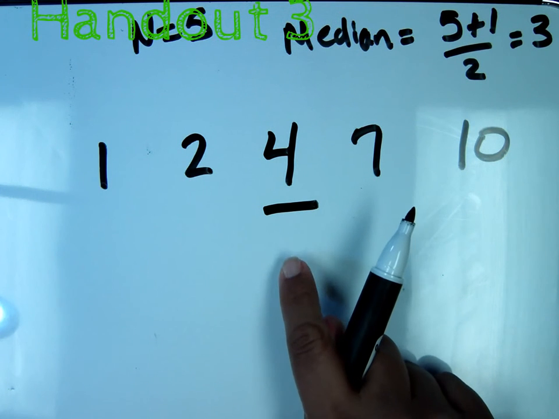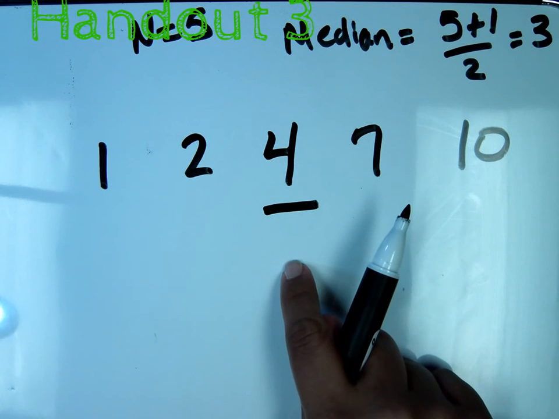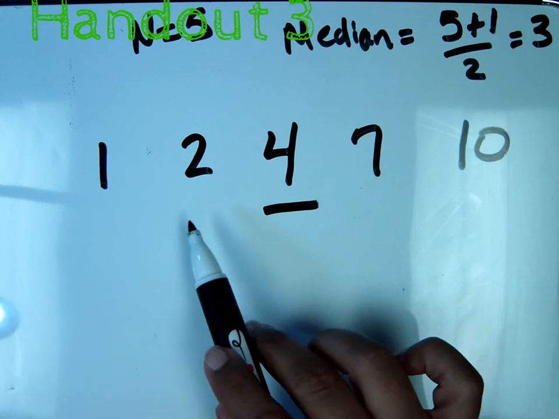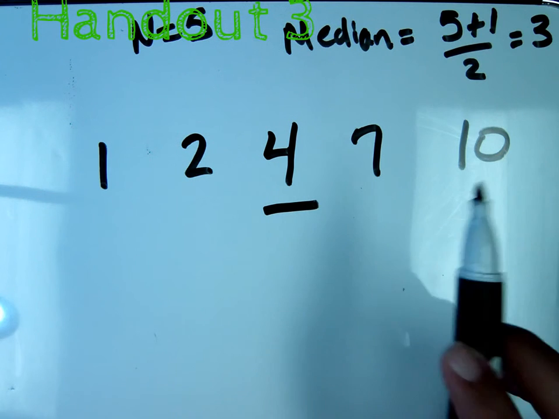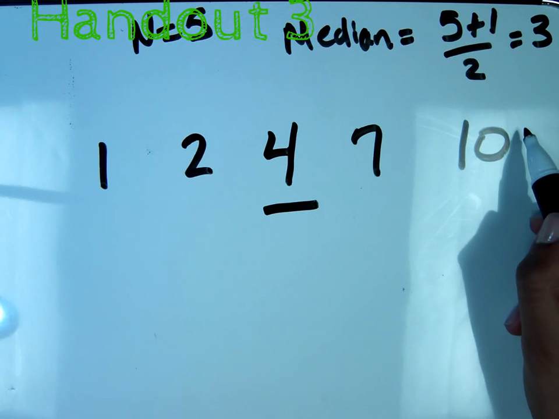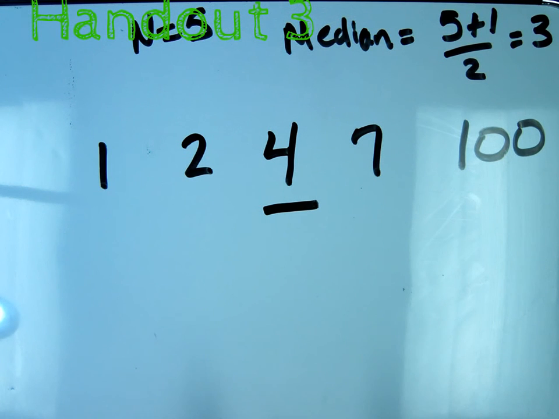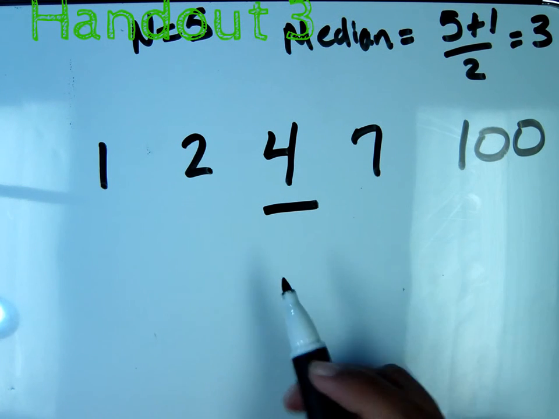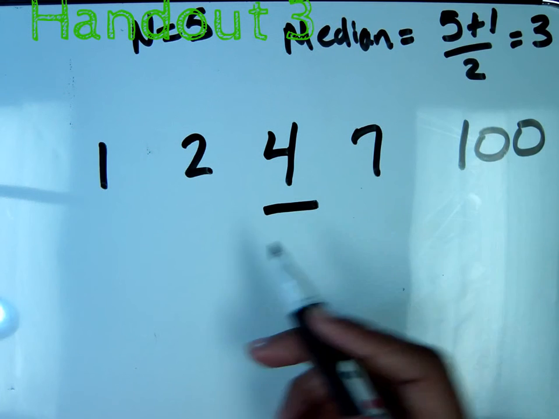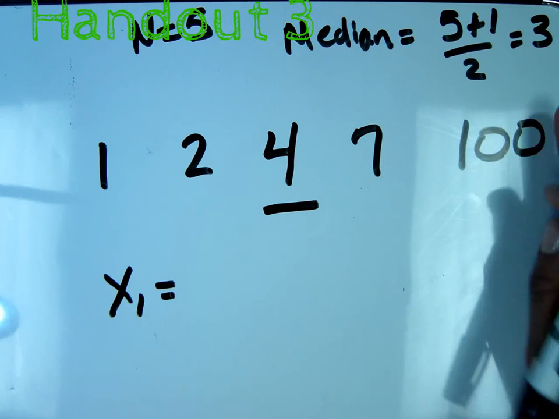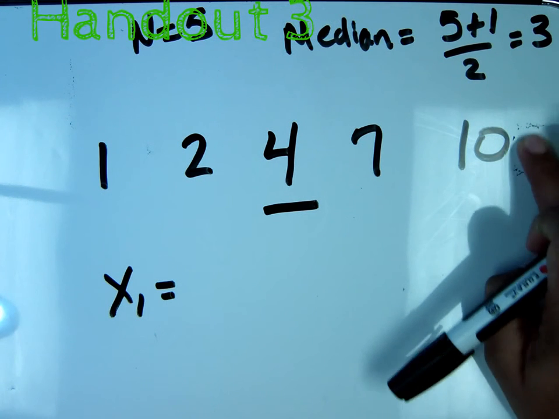However, the reason you want to use median in this situation is because if I were using the average or mean, I would, remember, sum up 1, 2, 4, 7, 10, and divide by 5. However, if I were to change this subset and put 100 here, my x bar would be very different than my x bar 1. So let's just do this. My x bar 1 would be if I use a 10 here, right?